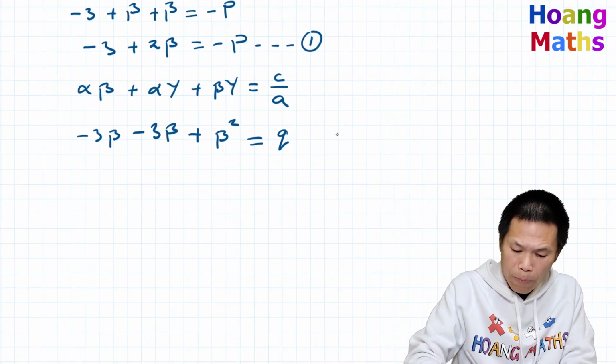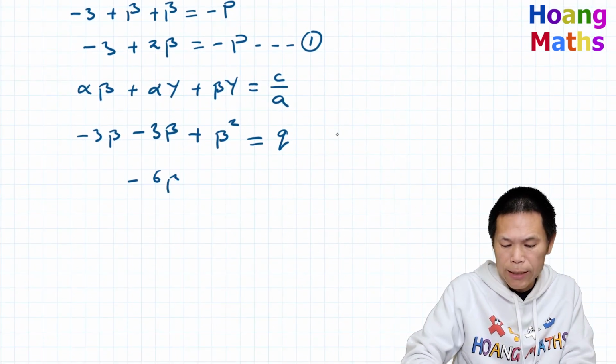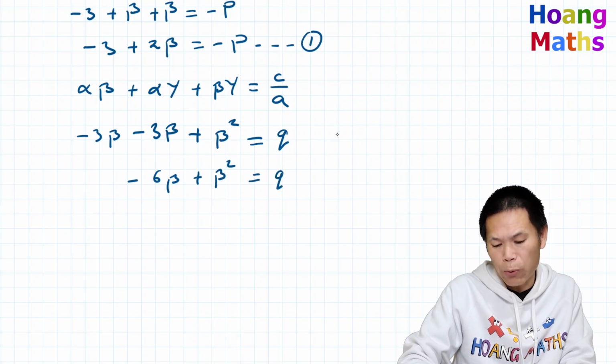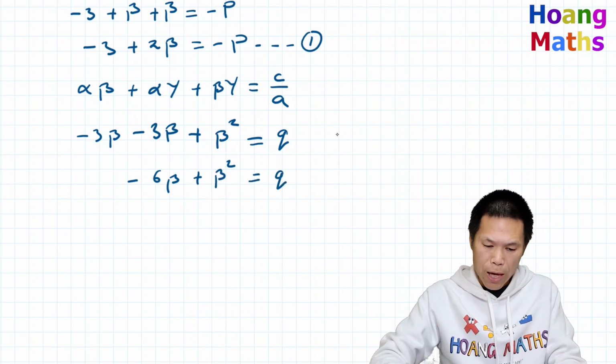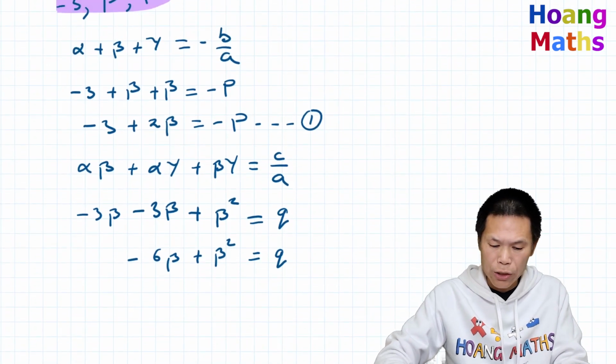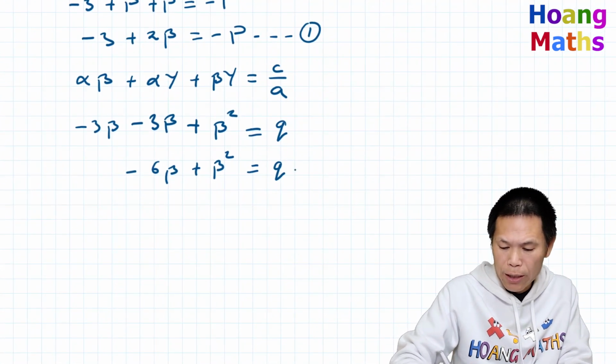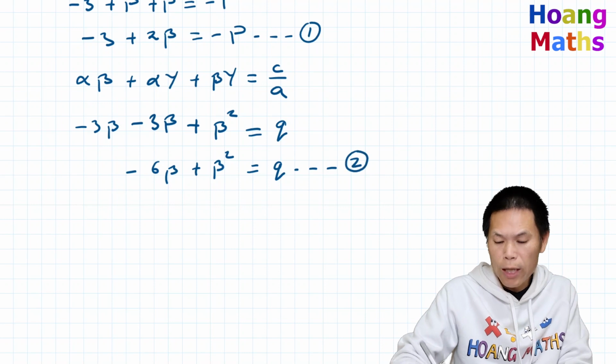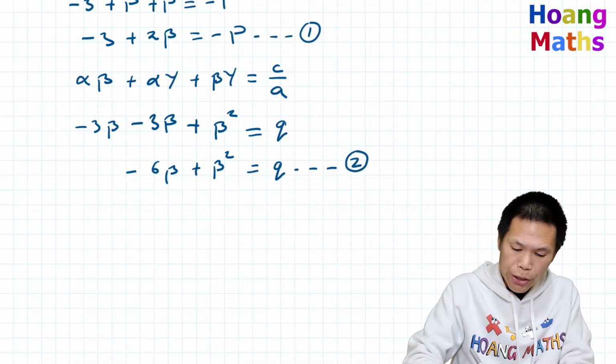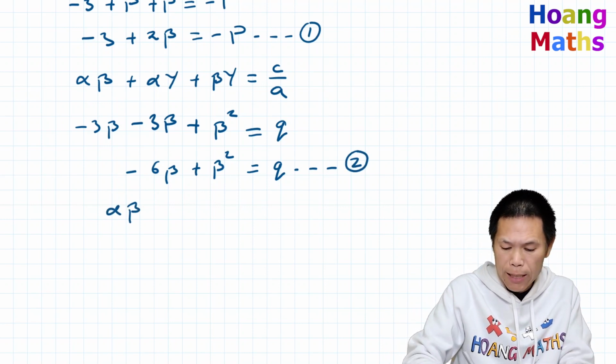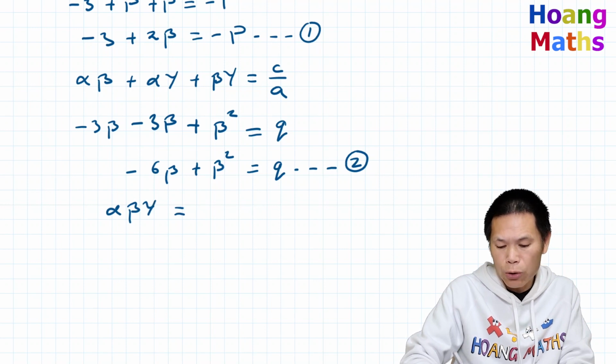Let me simplify this. That will give me negative 6 beta plus beta squared is equal to q. So there you go, and we have 2 equations. This is equation number 2. And the third one is alpha times beta times gamma is equal to negative d over a.